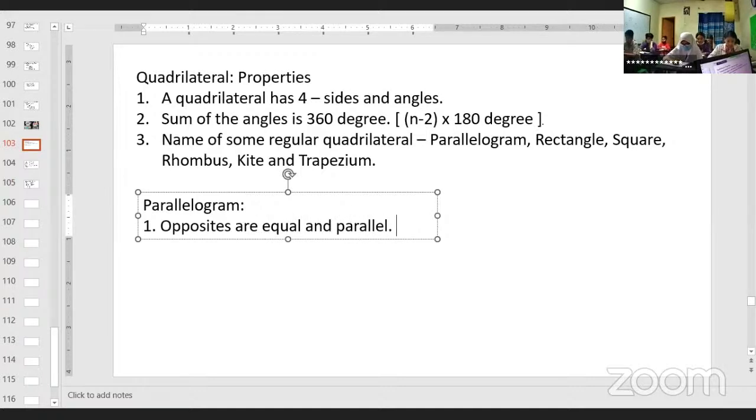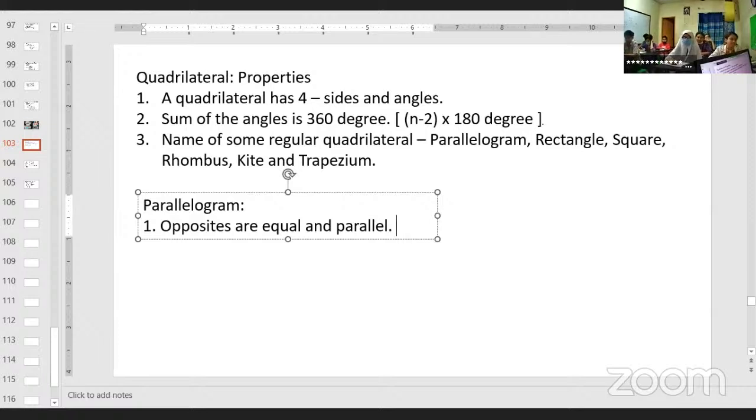But one thing is important: if in a quadrilateral both pairs of opposite sides are equal, then it must be a parallelogram, because then both pairs will also be parallel.